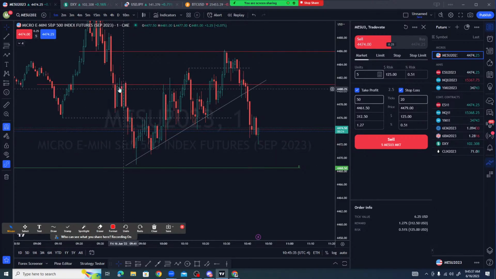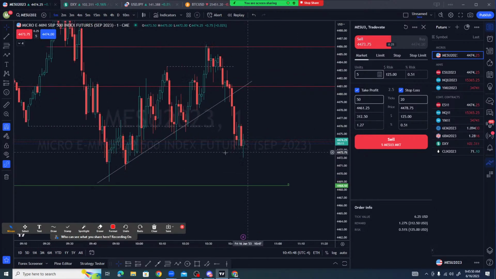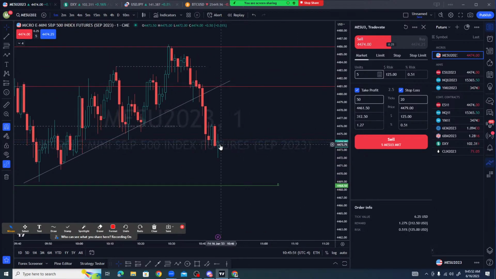Looks very similar to this setup right here, right? Oh, as much as I want to, only because I have a high belief that we're coming down here, and that's still a really good move. It's 5, 6, 8 points between here and there.